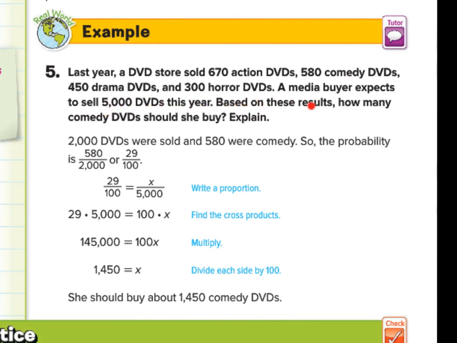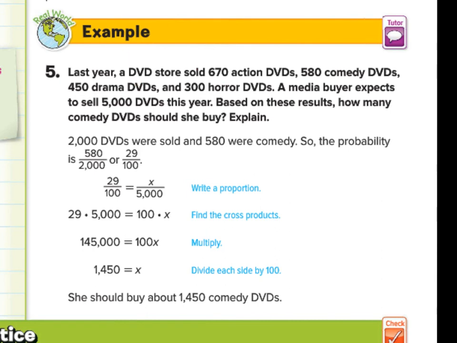Based on these results, how many comedy DVDs should she buy? Explain. What we need to do is find the sum of all the DVDs that were sold, right? And we create a ratio of the comedy DVDs compared to the sum of all the DVDs.